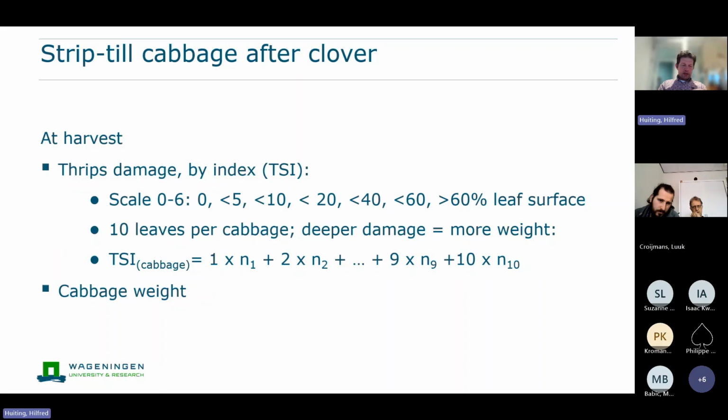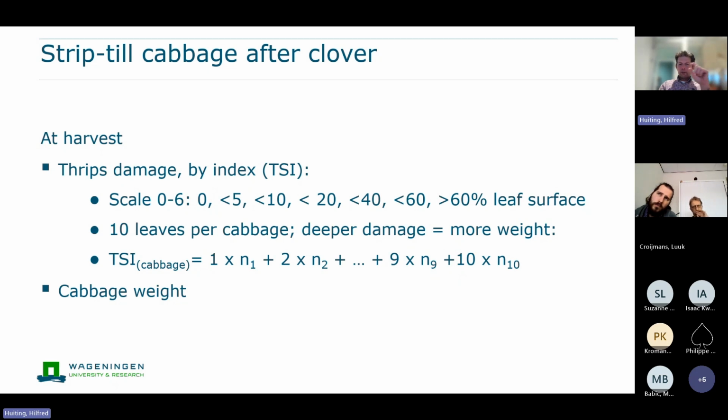So we did, as I said, with this thrips index, we did the assessments at harvest, and also included cabbage weight, because there was some discussion with growers that smaller cabbages might be less favorable to thrips, so they could have less damage.